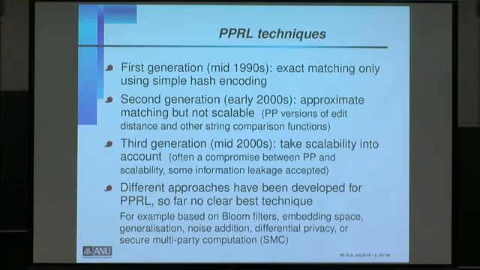So the second generation in the early 2000s was basically developing secure approximate string comparisons. For example, there is a privacy preserving version of edit distance where two parties have two strings or sequences, and at the end of that protocol they only learn the edit distance between the two strings, but nothing else.